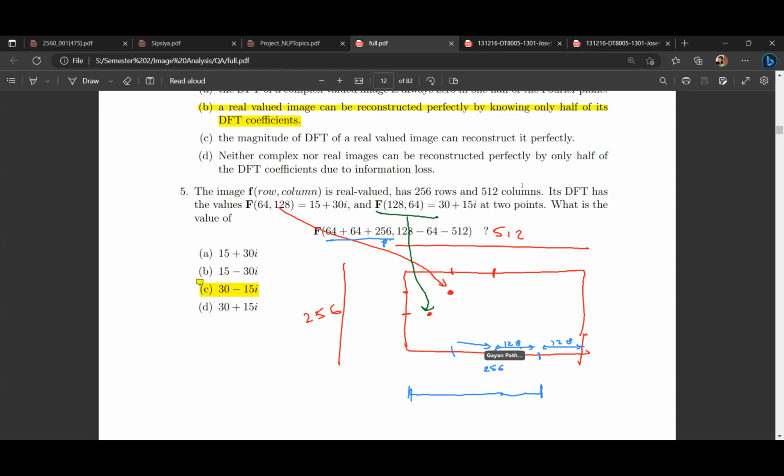So one part will be in here. No, I believe this is the other way, right? This is the row. Yeah, the row is right. So I will mark it in the row.